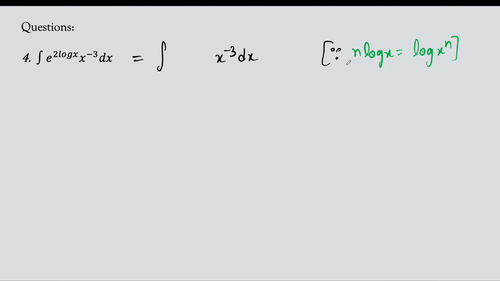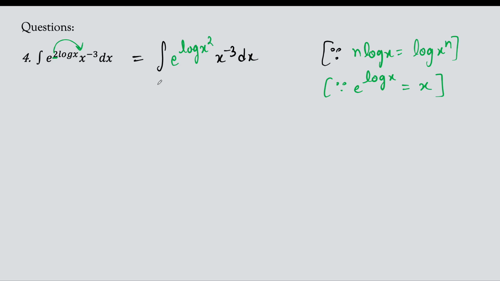So use this property. The 2 will go into the power, so that would be e to the power log x squared. And now I think everyone knows that e to the power log x equals x itself.